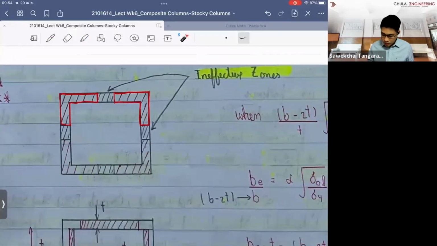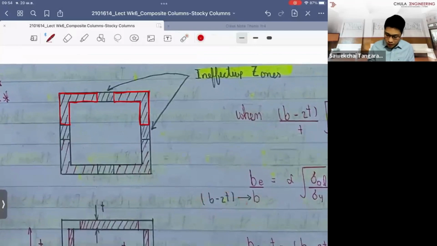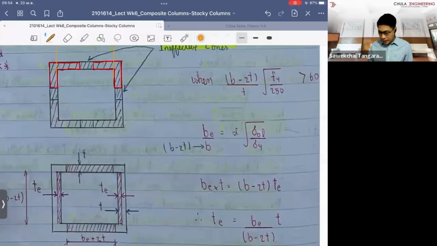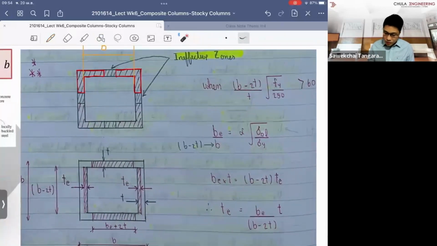When we consider B, don't forget that B has to be the internal width. You start from the inner surface, which is unrestrained, and the length between the unrestrained parts of the section is B. Similarly, because this is symmetric in the X and Y directions, you do the same for this as well.